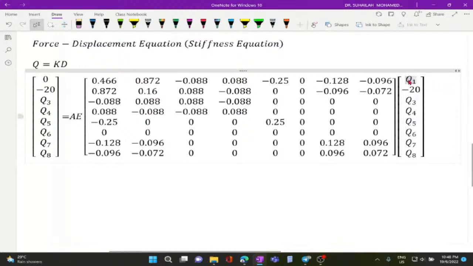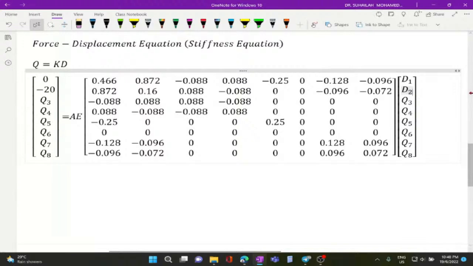This will be D1 and D2. Okay, this will be D2.